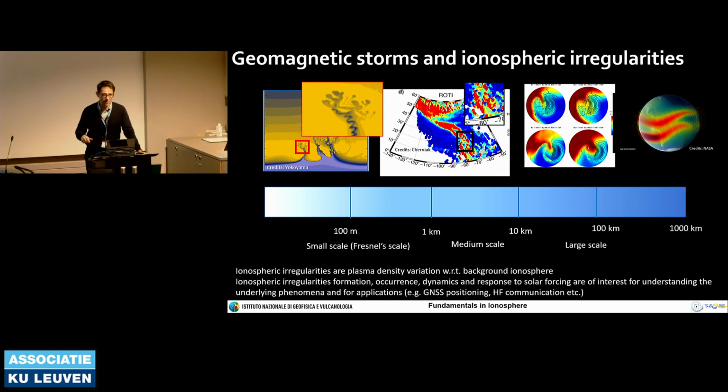They are very important because the underlying phenomena affect a lot of applications like GNSS positioning and HF communication. And the most important thing is that they range over a very large scale. They are featured by a size range from centimeters up to 1,000 kilometers, okay? And you can see here again the plasma bubbles, the storm-enhanced densities that affect mid-latitudes, the tongue of ionization, and the crests.